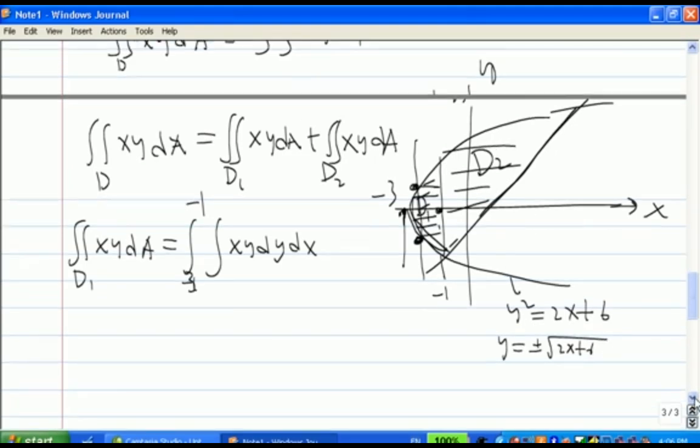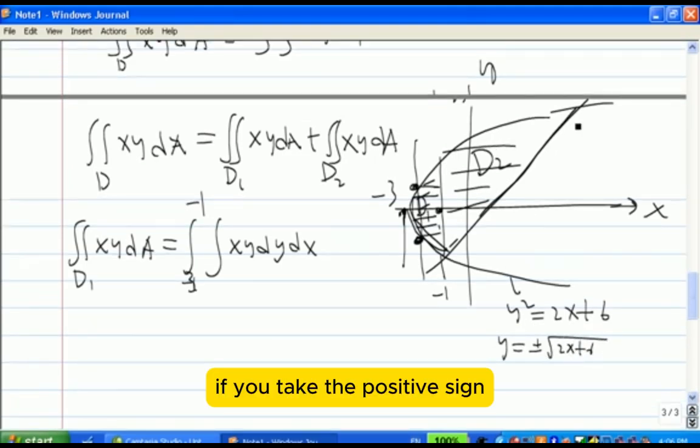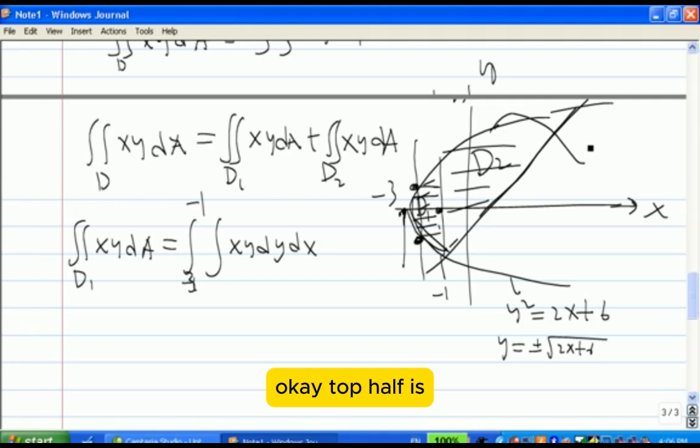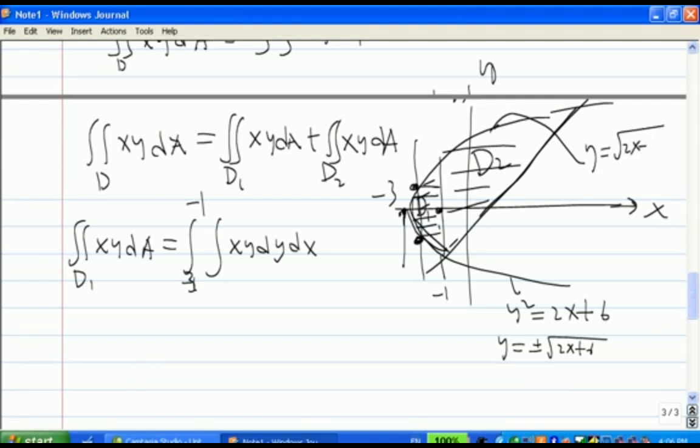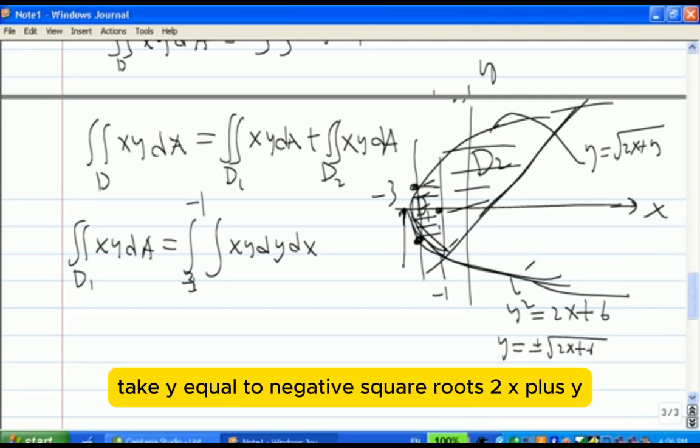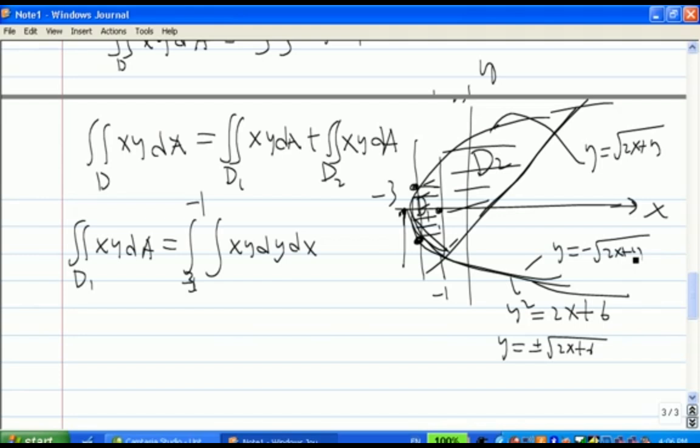If you take the positive sign, that gives you the top half, because y is positive. The bottom half takes y equal to negative square root of 2x plus 6.